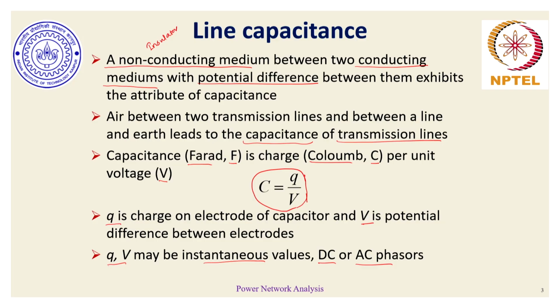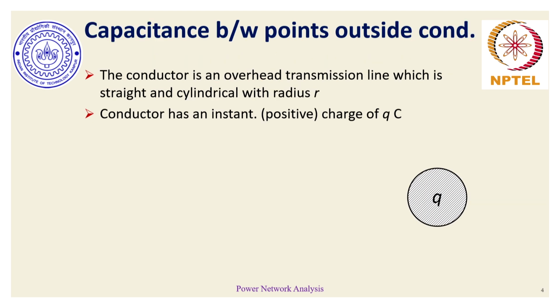So if a medium is having constant permittivity and Q and V are phasors, Q and V can simply represent the RMS values in that notion when the medium is having absolute or constant permittivity. What is permittivity? We'll come to that in the upcoming few slides.